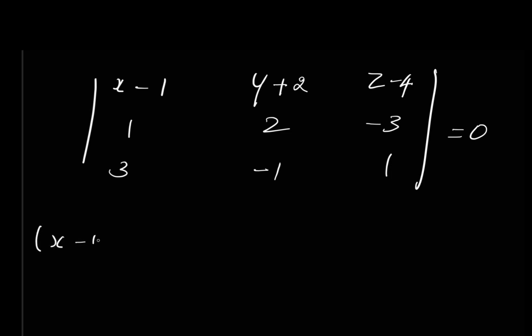X minus 1 into 1 2s are 2 minus plus 1 plus 3, 4.